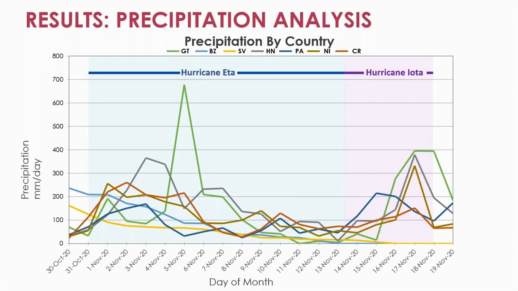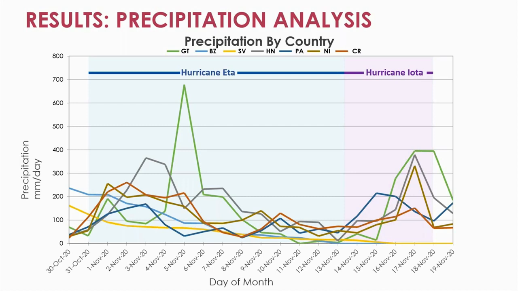Expanding on the spatial distribution of precipitation, we also looked at precipitation by day for each country that we examined in the region. As you can see in this figure, hurricanes Eta and Iota are delineated as well. For both hurricane events, we saw a peak in precipitation, most notably countries like Guatemala in this green line color, Honduras in gray, and Nicaragua in brown experienced some of the greatest amounts of precipitation concentrated over just a few short days during each hurricane event.